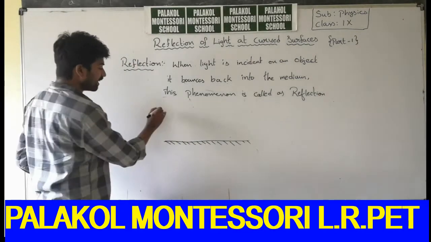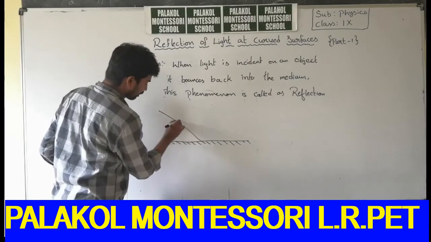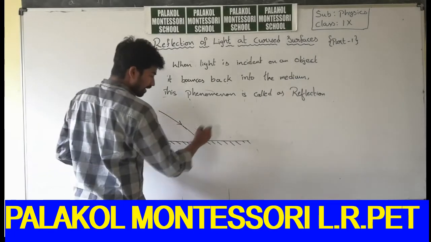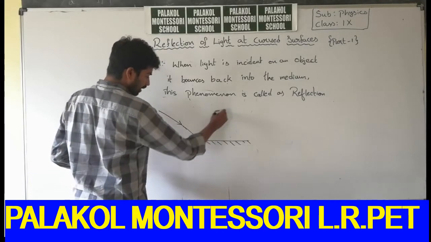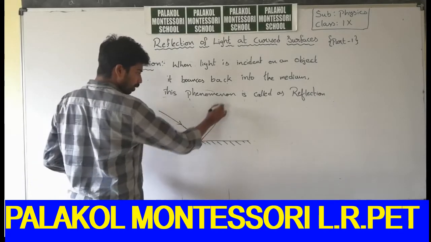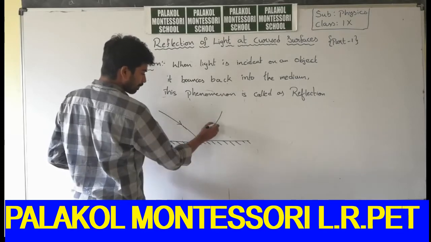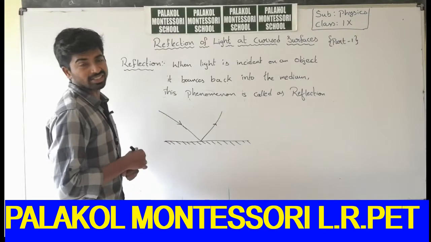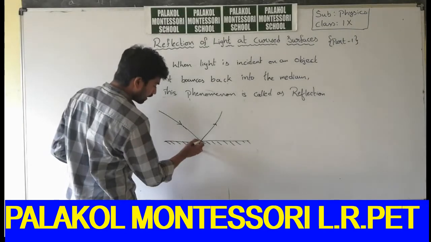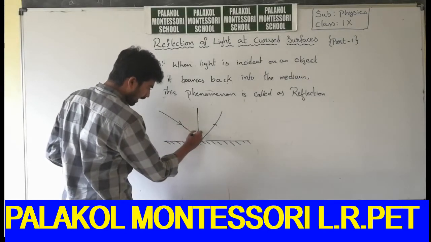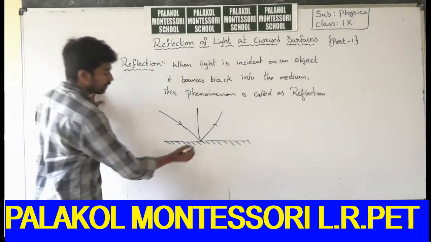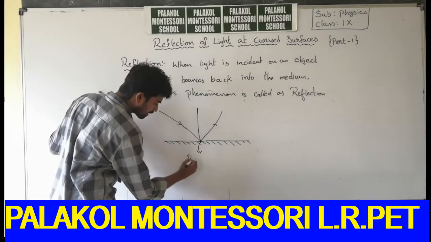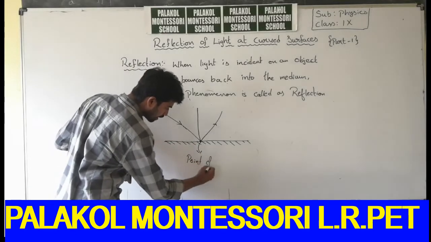When a light ray is incident on a mirror, it reflects into the same medium. Light comes from the air medium and bounces back into the same medium. To measure the angles, we need to draw a normal line at the point of incidence, where the light is incident.